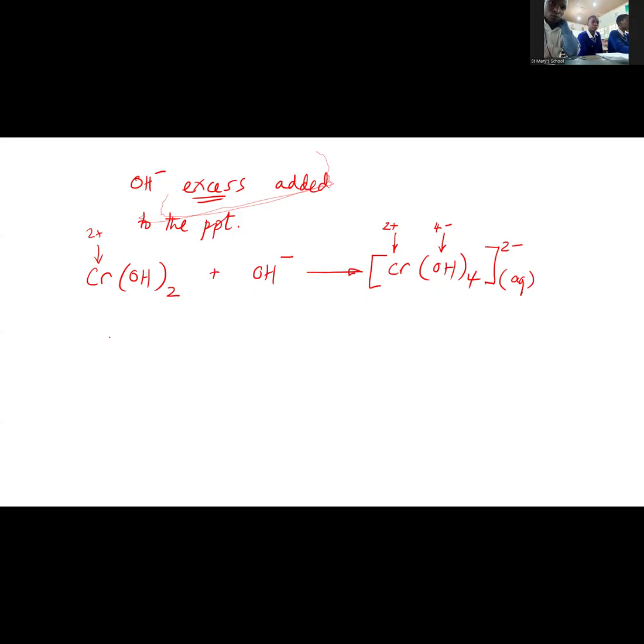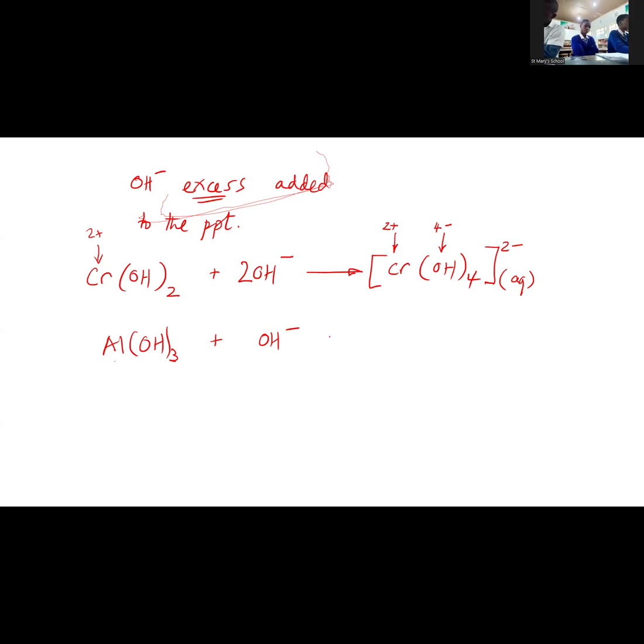If it was aluminium, then aluminium starts as Al(OH)3. So we're going to add OH. Oh, I'm sorry. Look, I needed 2 there. My apologies. I need 2 there, so I get 4 altogether.